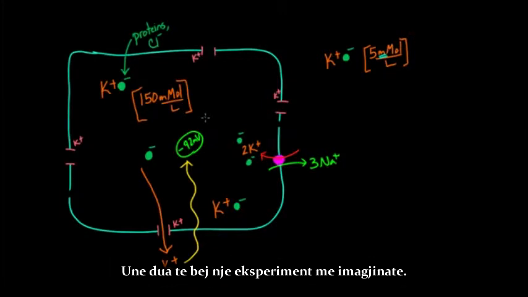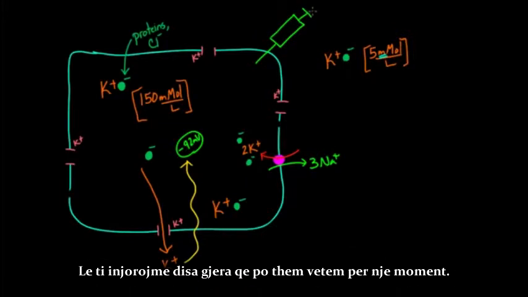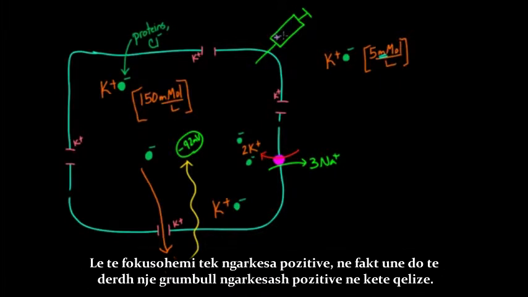And now I want to do a little thought experiment. Let's say that we come at this cell with a little injection full of some positive charge. And try to ignore the ridiculousness of what I'm saying just for the moment, but just focus on the positive charge, the fact that I'm going to pour a bunch of positive charge into this cell.